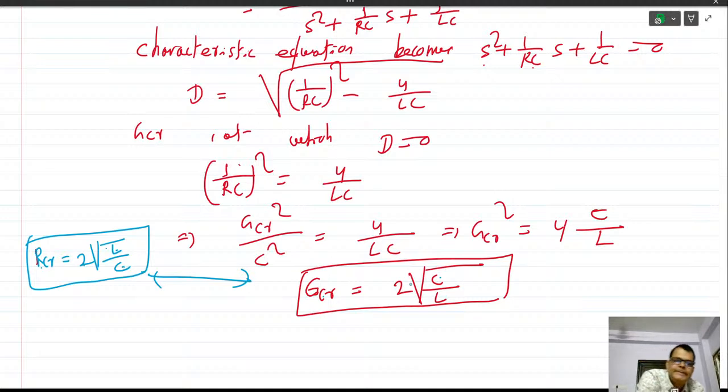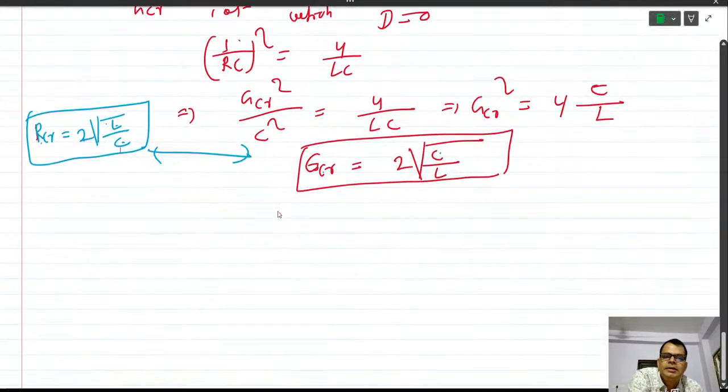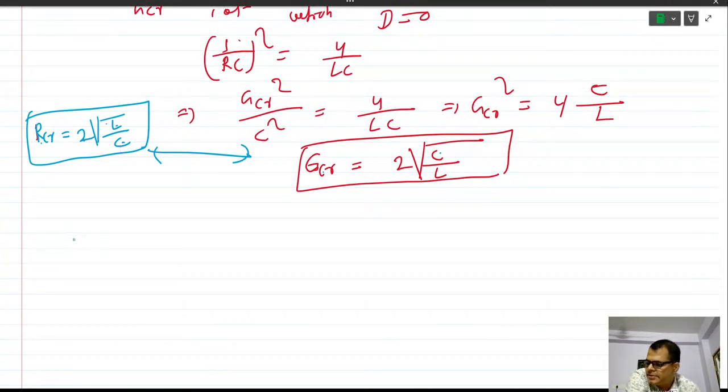Okay. Now come to find what we'll find. We'll find that is your zeta, damping ratio, or damping constant.